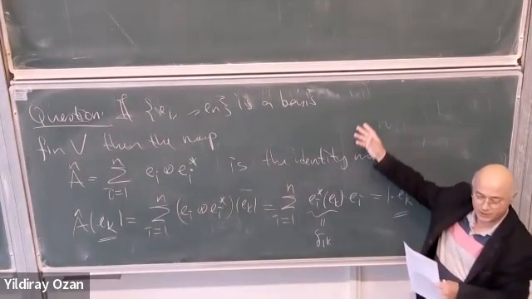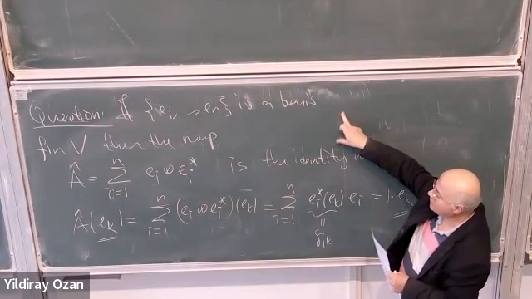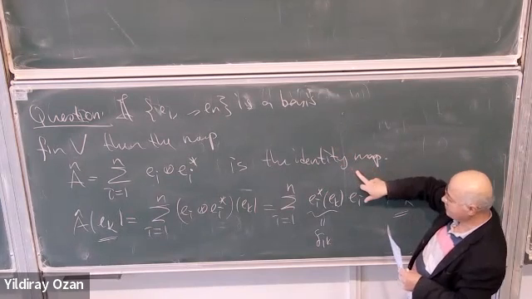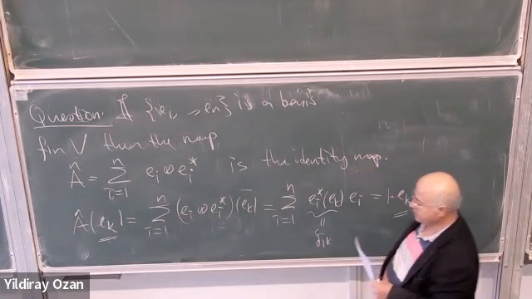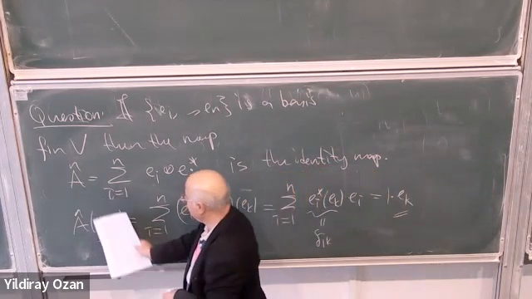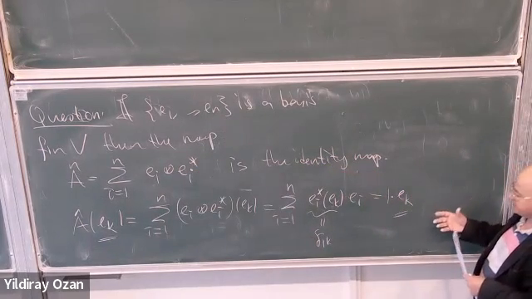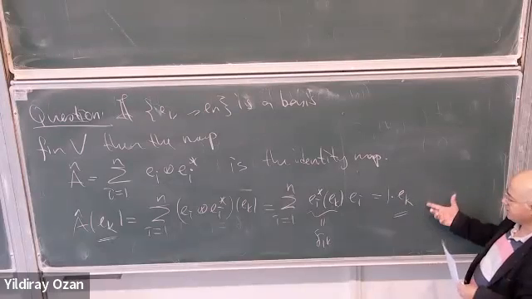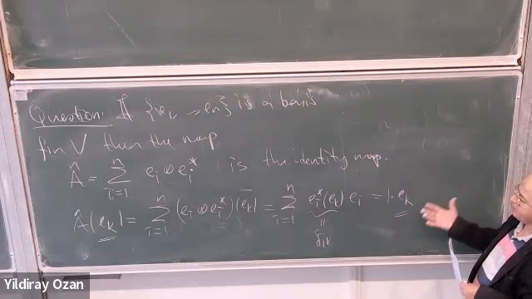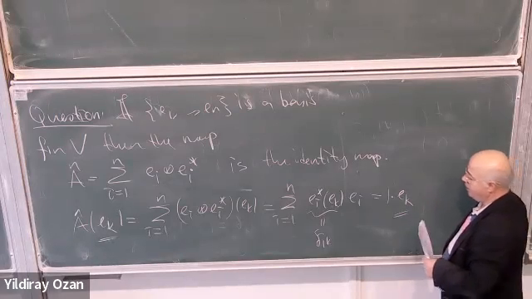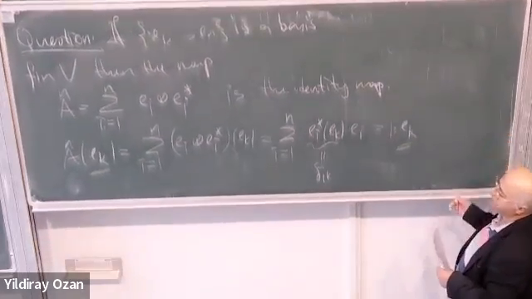Sizin için fena olmuyor aslında, iki kere anlatıyorum değil mi? So if this is a basis, then this map is identity, and the reason is that its value on any basis element is just itself, so it is the identity map on a basis, therefore it is the identity map. Okay?